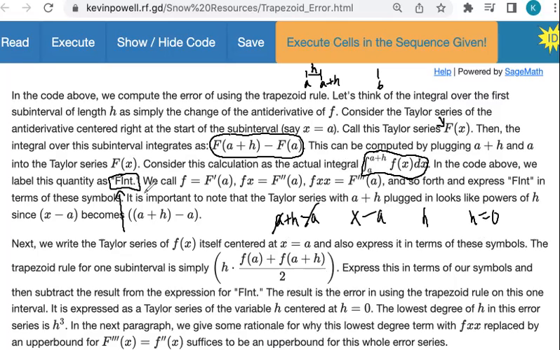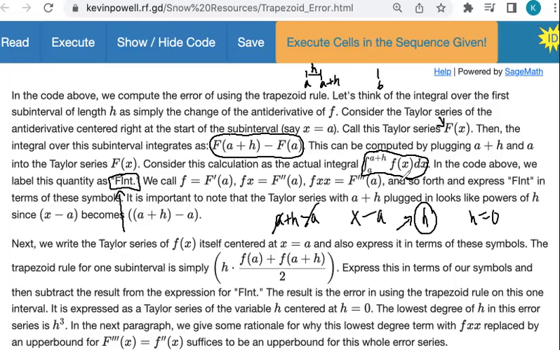Now, what else do we need? We just need a series that represents the trapezoid rule on that first subinterval, with just one interval. And we subtract those, and that should be the error. If they're both in terms of powers of h, then this is really nice, because then we get the Taylor series for the error all in terms of h.